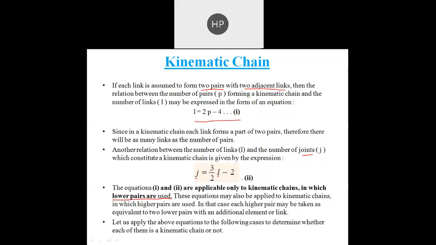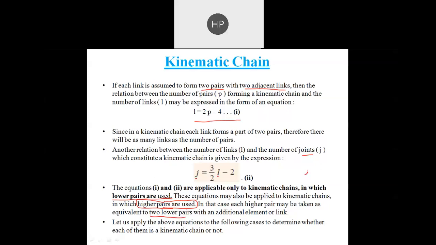These equations may also be applied to a kinematic chain in which higher pairs are used, but in that case we have to consider certain different things in mind.